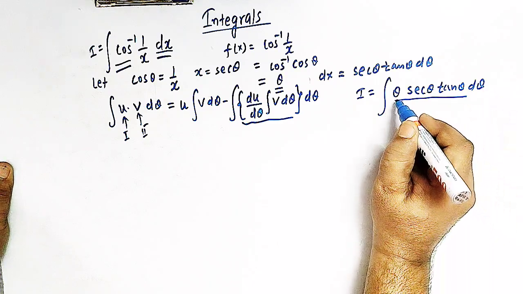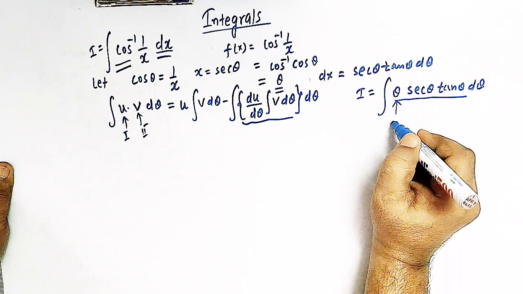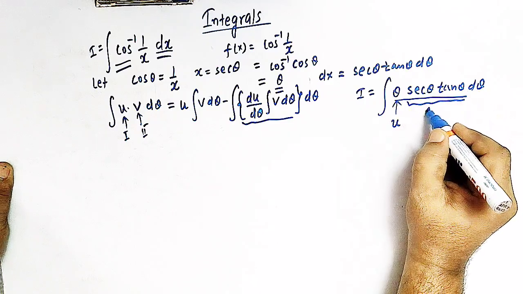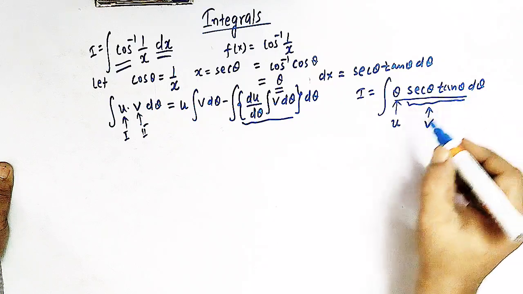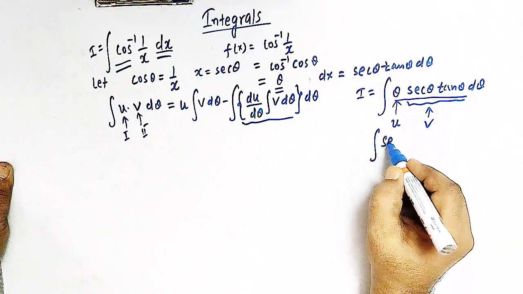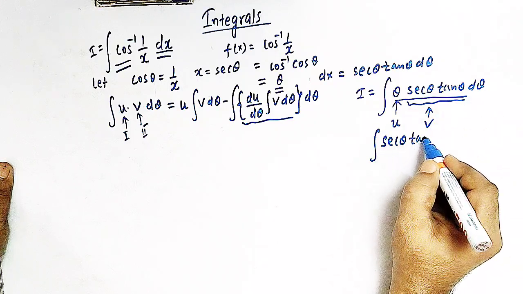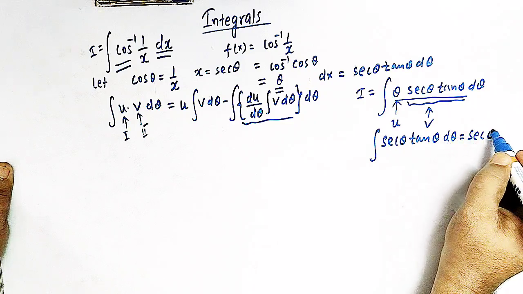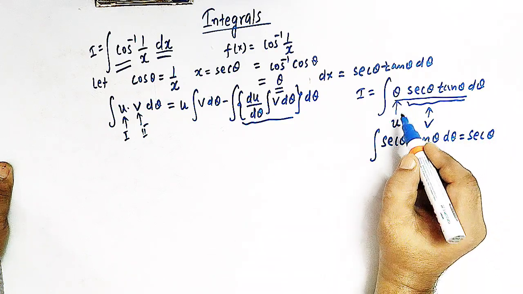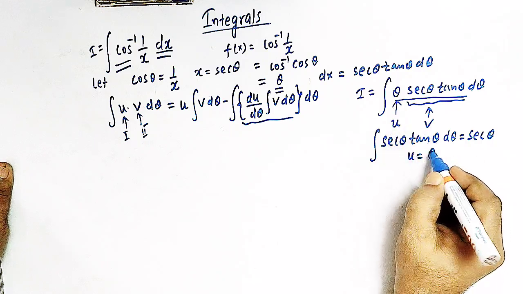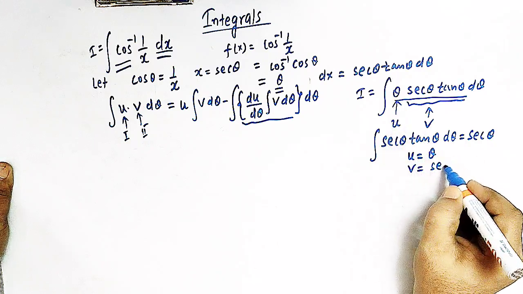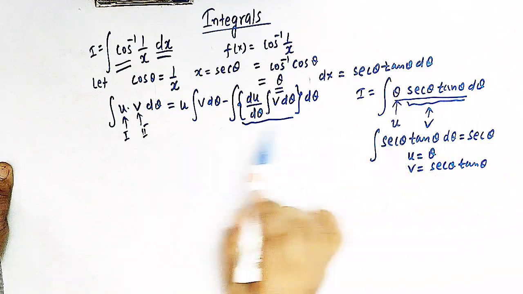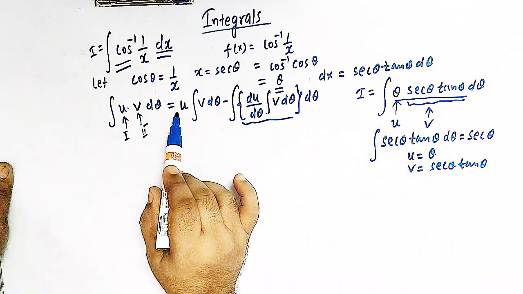We can take u as theta and v as secant theta tan theta, because we know that the integral of secant theta tan theta d theta is equal to secant theta. Now taking u as theta and v as secant theta tan theta, we can substitute the values of u and v in this result.